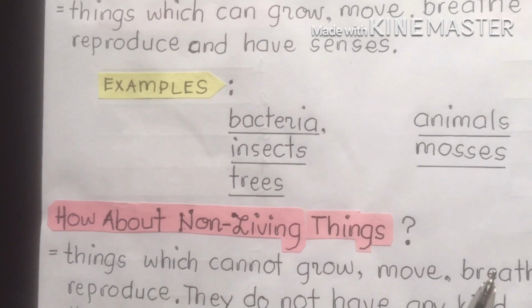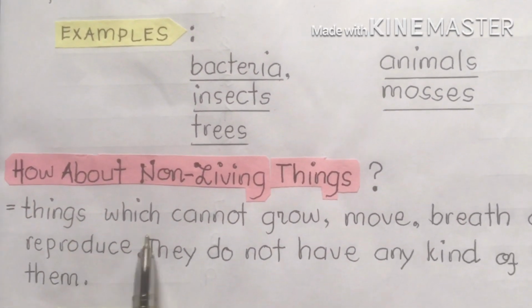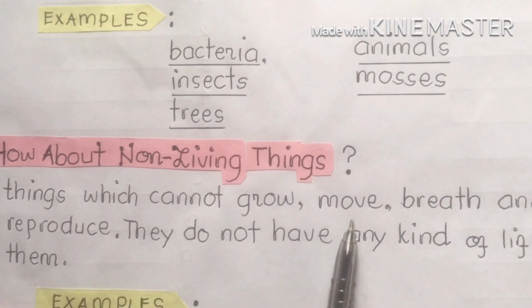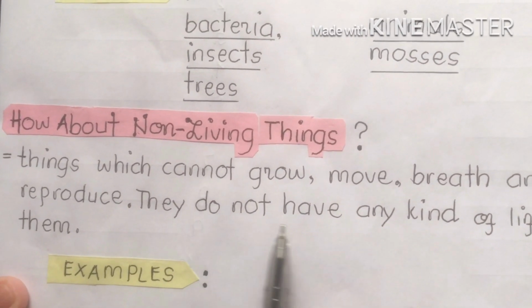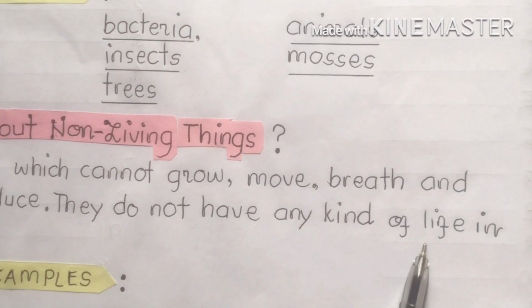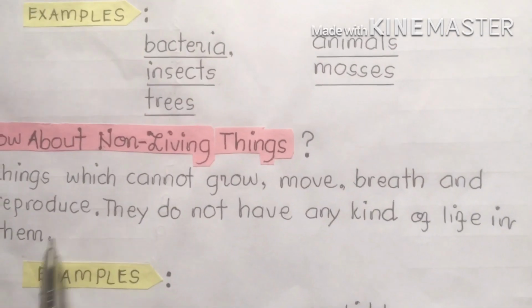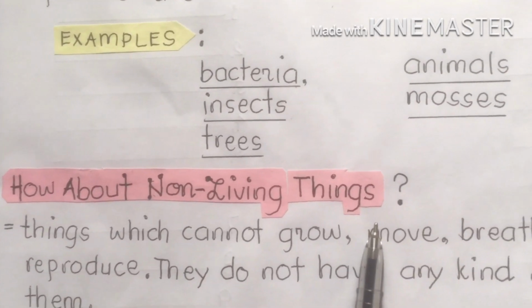And how about non-living things? Things which cannot grow, move, breathe, or reproduce, or do not have any kind of life in them. That is non-living things.